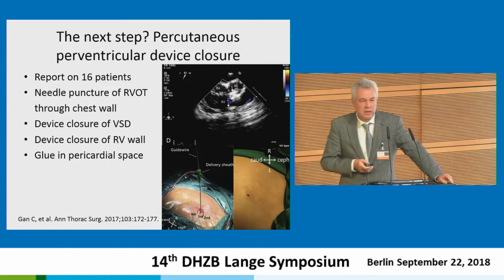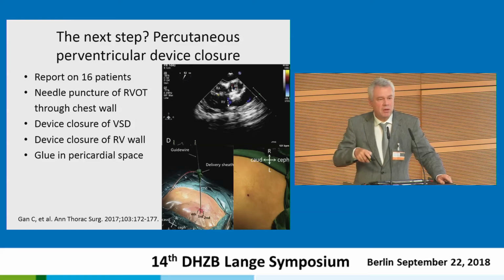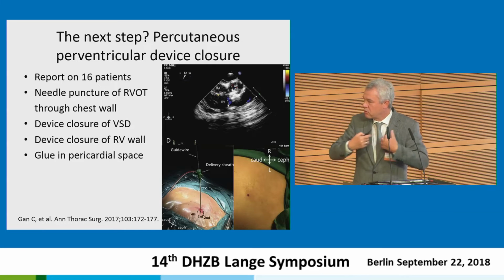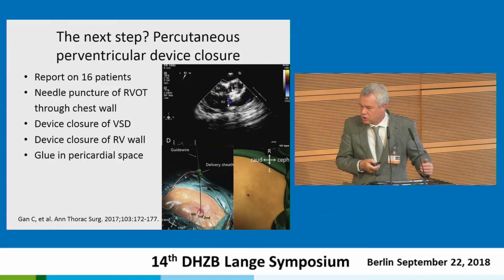So there's already a next step now, and we didn't discuss whether that's the way to go: percutaneous perventricular device closure, not with sternotomy, not even minimally invasive sternotomy, no, only puncture.